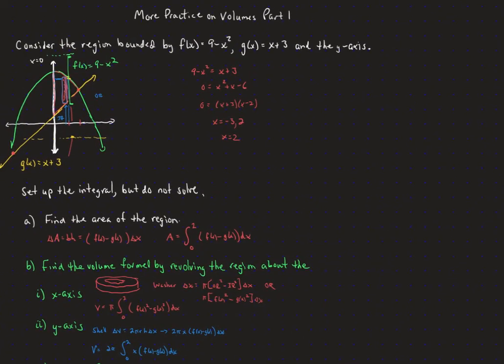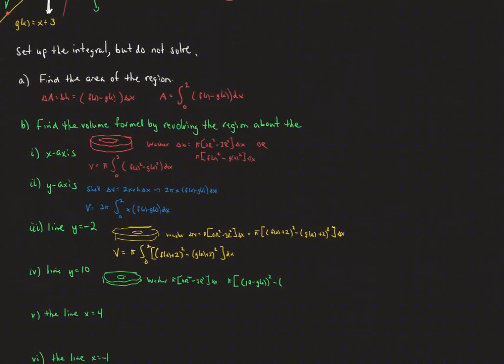minus our inside radius, which is going to go from the axis of revolution to the edge of the hole. So that distance is going to be a top minus bottom, which is the 10, that's the top, minus the green parabola, our f of x. So that is going to be a 10 minus f of x squared, and then a delta x.